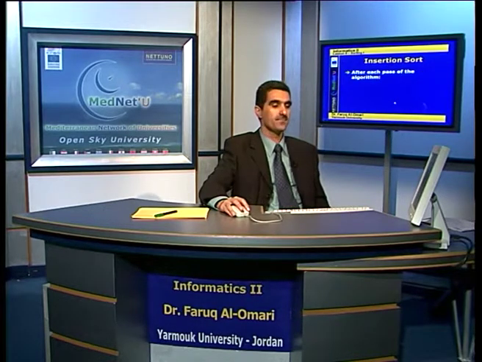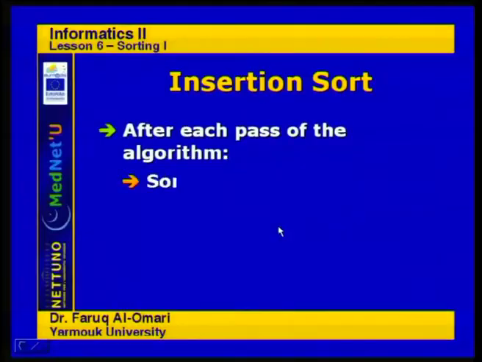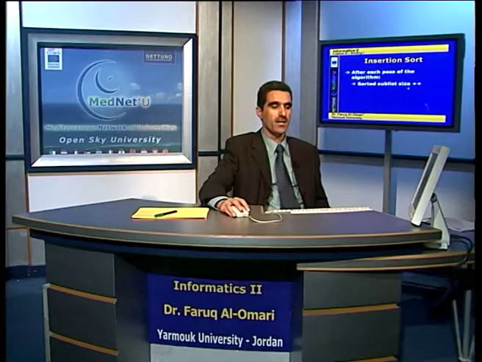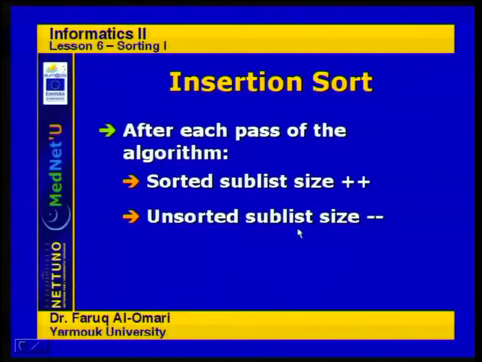Then after that, after each pass of the algorithm, the sorted sublist size is going to get incremented as I'm inserting a new entry into this sublist. On the other hand, the unsorted sublist size is going to be decremented by 1 as I already took that element and placed it in the sorted sublist.